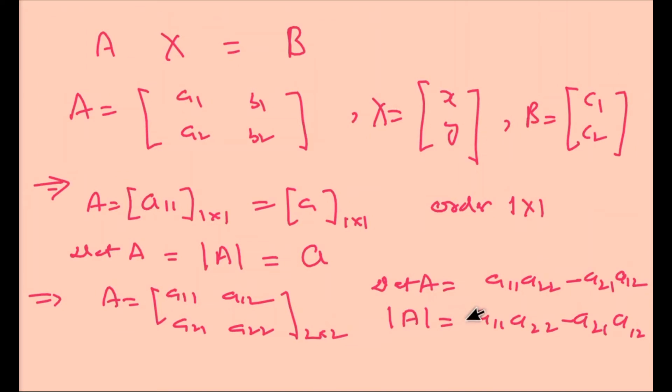So now here, what is the solution of this? First multiply this way, then write the minus, and then multiply this way. Okay, so you can get the value of this, right, student?